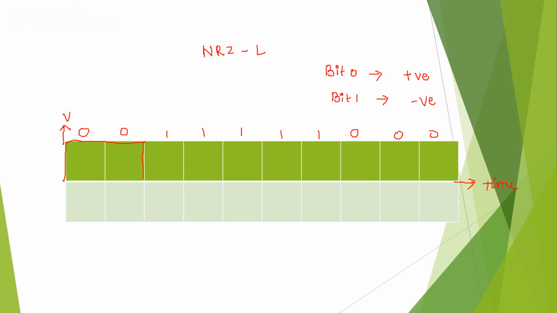Bit 1 is represented with negative voltage, and till here it is negative. Once again bit 0 is represented as positive voltage. So this is how we can represent the pattern 0, 0, 1, 1, 1, 1, 1, 0, 0, 0 in the case of NRZ level, that is NRZ-L.